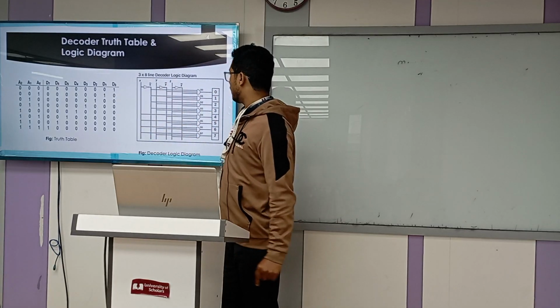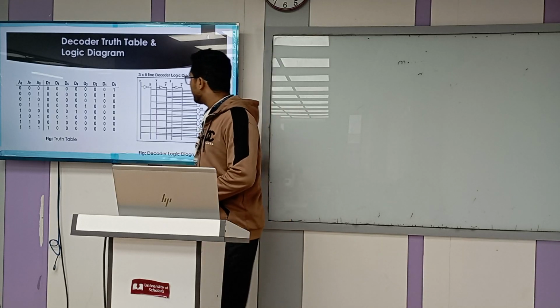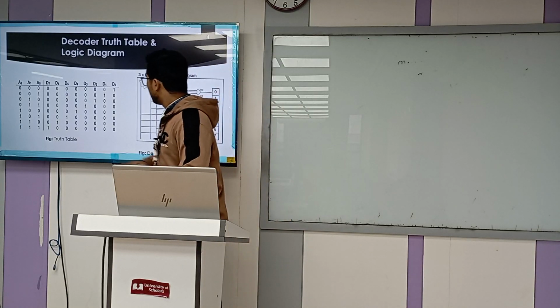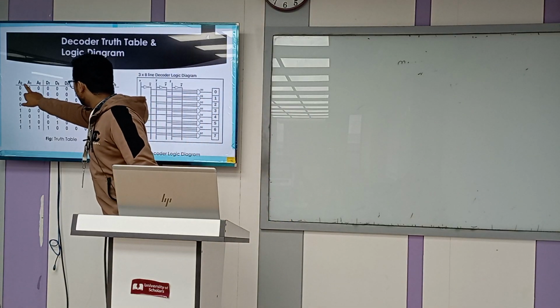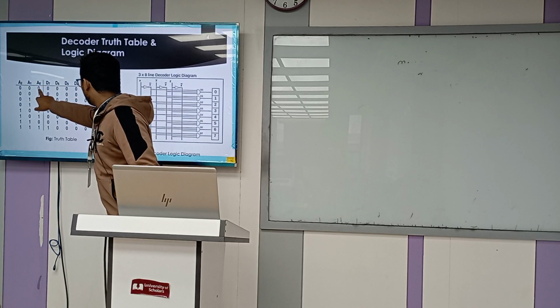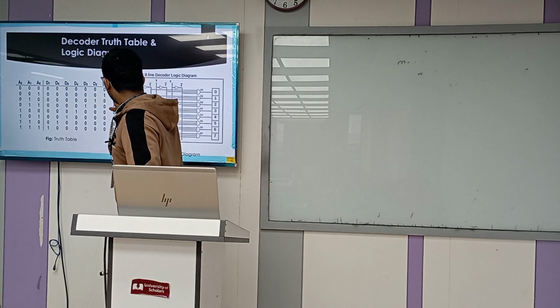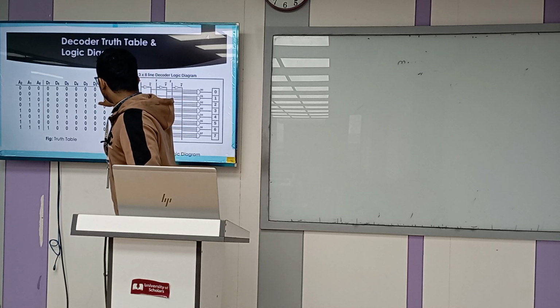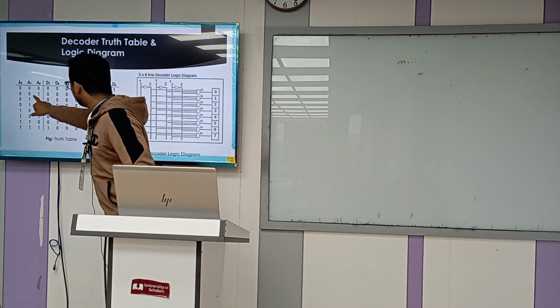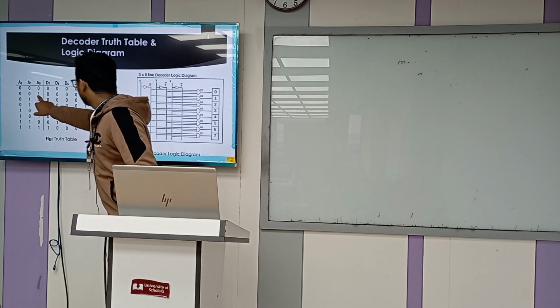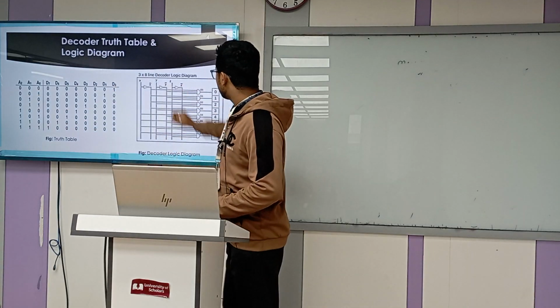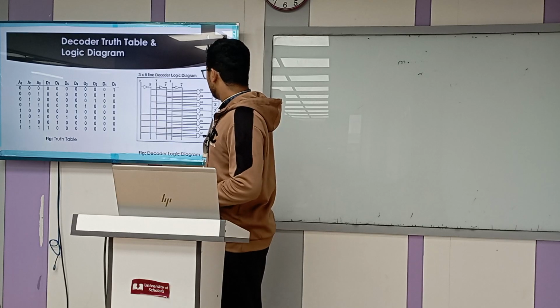So when the input is 0, 0, the output is D1, and the output is 1 for input 0, 0, 1.